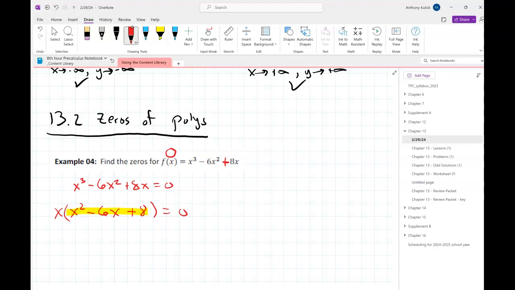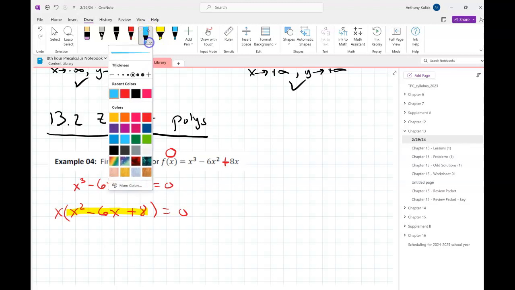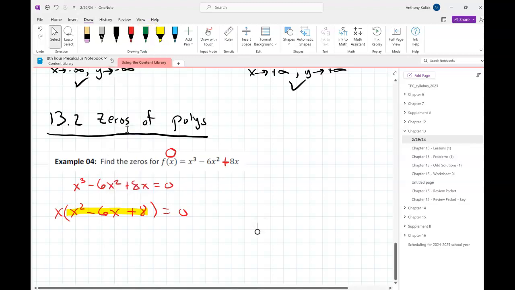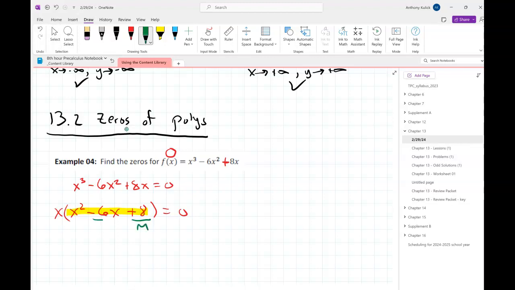So that now I'm going to try to continue factoring. Notice that this is a degree 2 polynomial, otherwise known as a quadratic. How do we factor a quadratic? We need something that multiplies to give us 8 and adds to give us negative 6, I guess, so as long as the leading coefficient is 1.